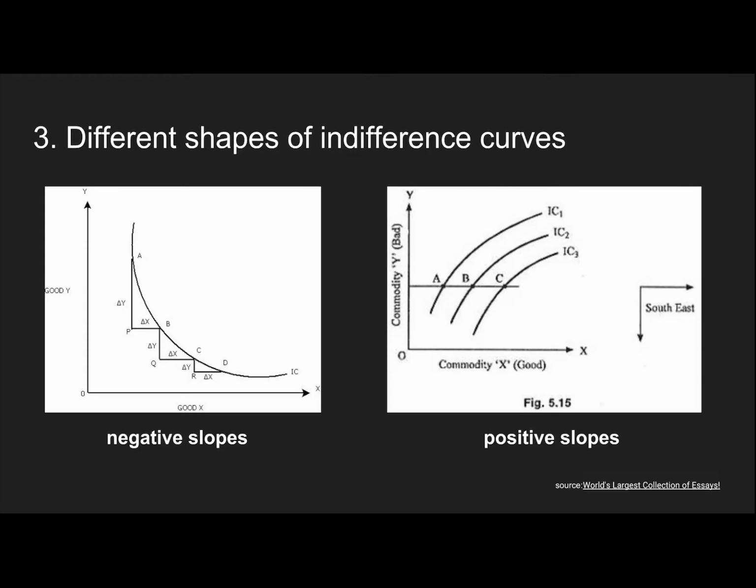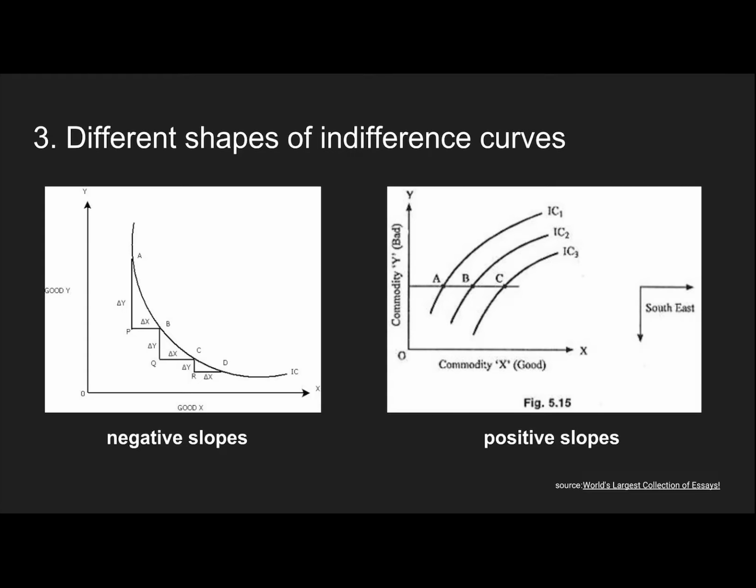For the second graph, you'll see the indifference curves IC1, IC2, and IC3 are upward sloping, which means the slope at each point on the indifference curve is positive, and that's special. That happens when you hate one good and you love the other good.